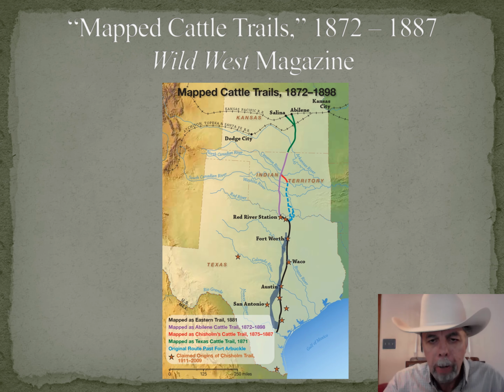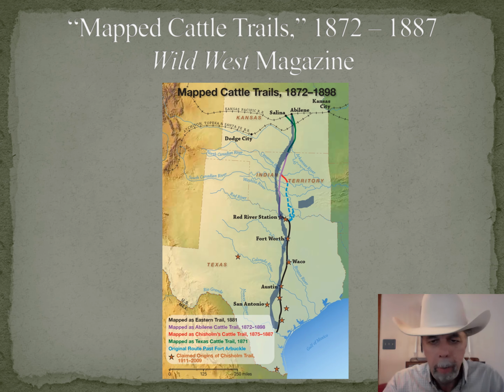along this route past Red River Station was designated as the Eastern Trail in Texas, through Oklahoma as the Abilene Cattle Trail, and into Kansas as the Abilene Cattle Trail. The blue dotted line represents the network of trails leading from the Red River past Fort Arbuckle that led to the Chisholm Trail, and this was the original trail used during the first few years of the trail's period of use.